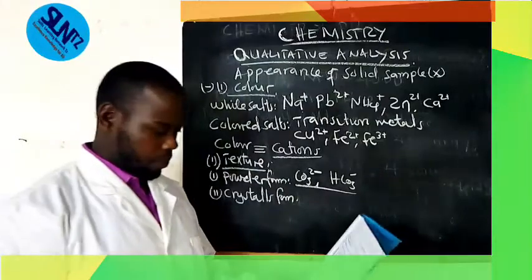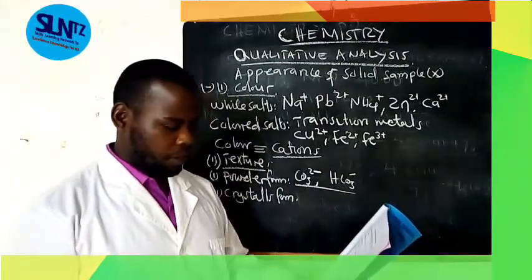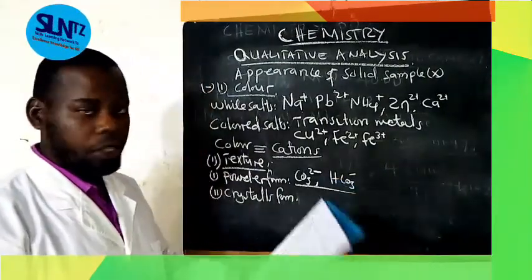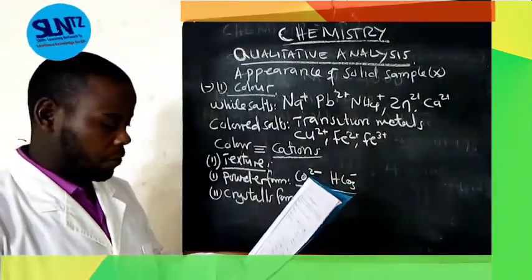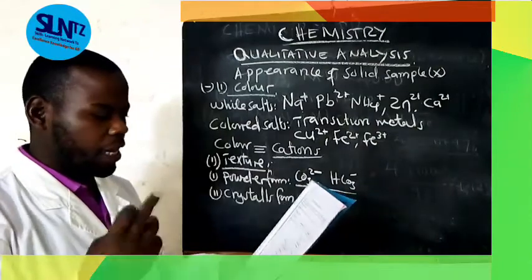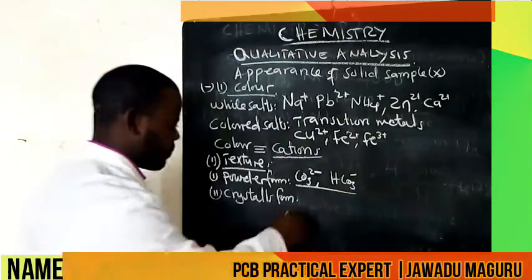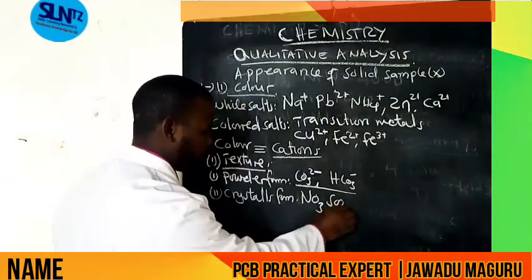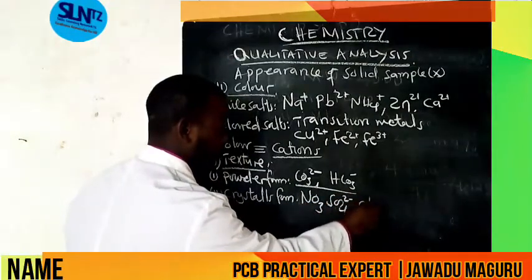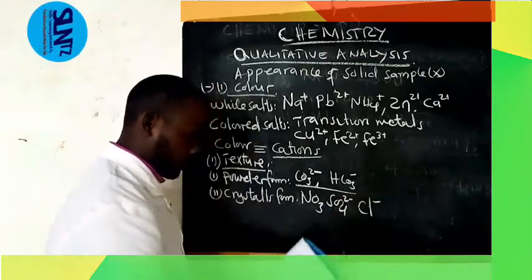Crystal form represents, when you go in your sheet of O level chemistry, you see the crystal form: there is nitrate, sulfate, and chloride, or chloride ion.